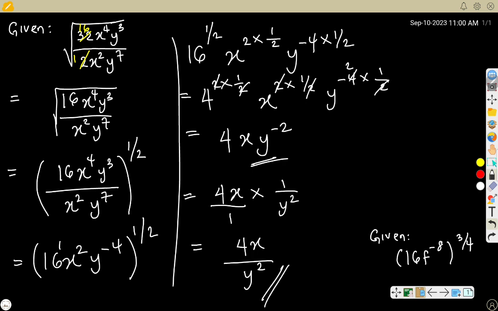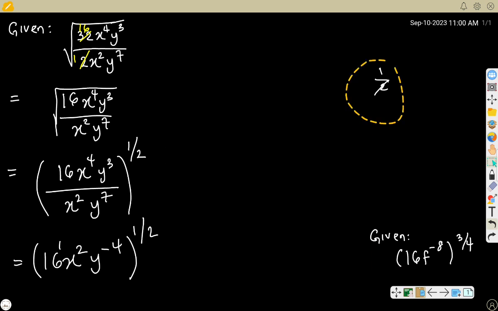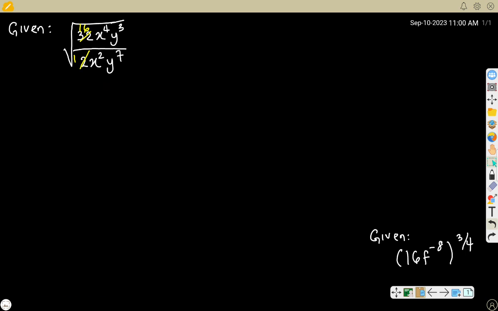So if I want to cut everything direct, like I don't want to use indices, now look at this. It will be faster. If I don't want to use indices, this will become square root of, remember I have cut this like 2 here 1, 2 in 32, that is 16.